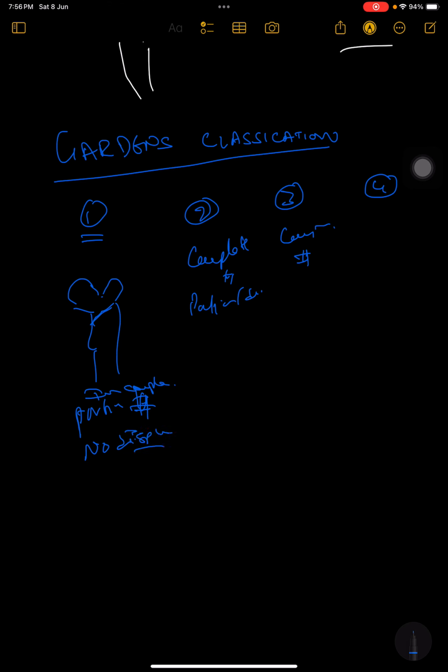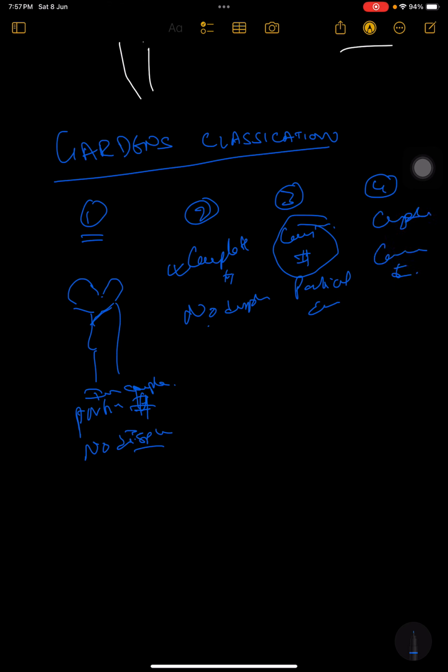Here you have partial displacement, there is a complete fracture. Here there is no displacement in type 1, but in type 3 there is a complete fracture and partial displacement. In type 4 there is a complete fracture and complete displacement.